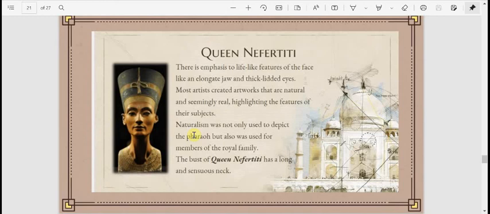Queen Nefertiti, whose name means a beautiful woman has come, was the queen of Egypt and wife of Pharaoh Akhenaten during the 14th century BC. She and her husband established the cult of Aten, the sun god, and promoted Egyptian artwork that was radically different from its predecessors.